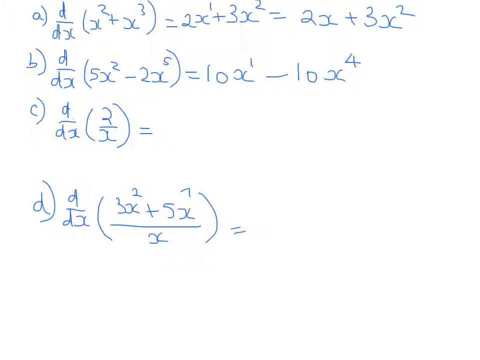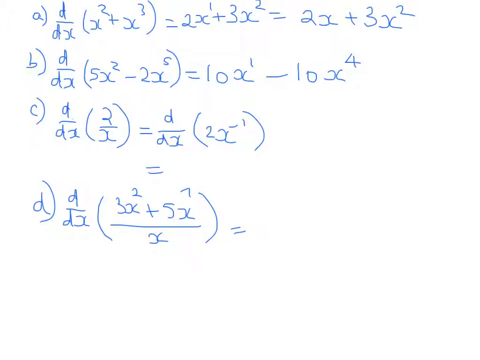Now the next one, we don't have any rules at the moment for deriving a fraction, and this is a simple fraction. So if it's something like this, we need to rewrite it with a negative index. So actually what we're looking at is finding the derivative of 2x to the minus 1. And then it looks like what we're used to.